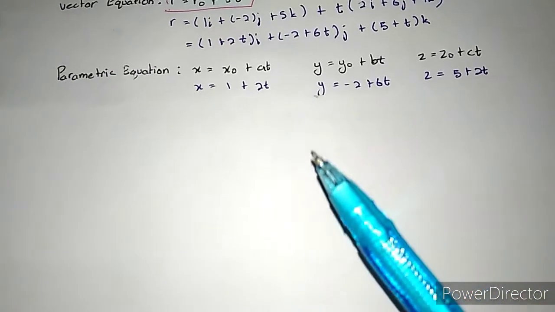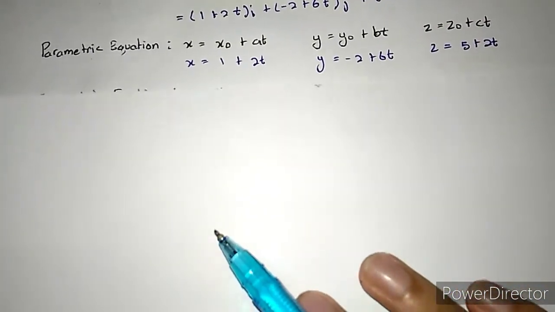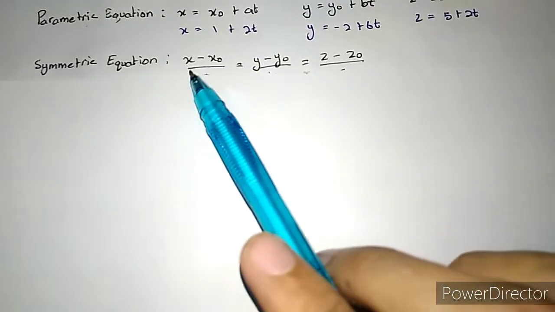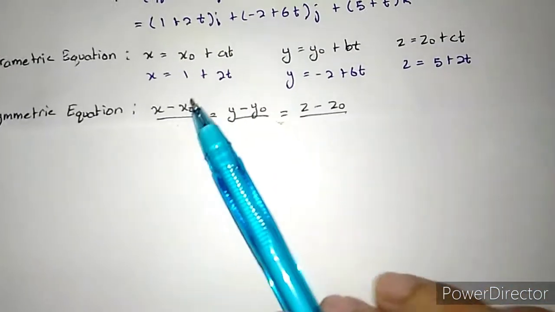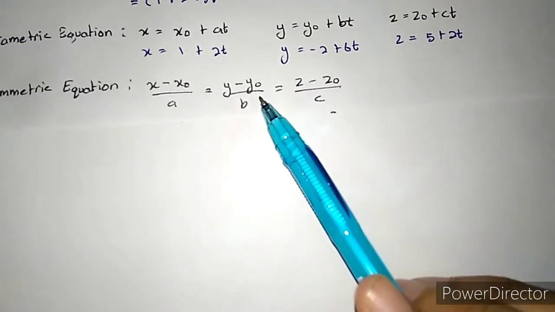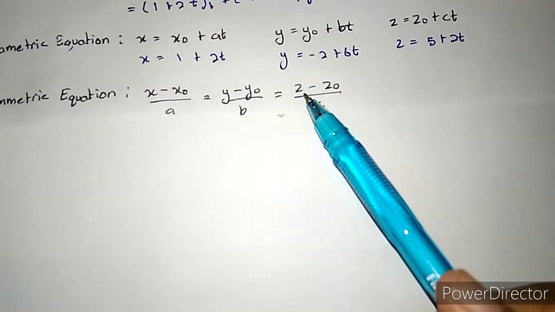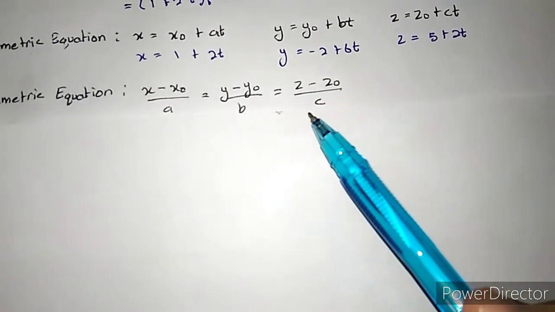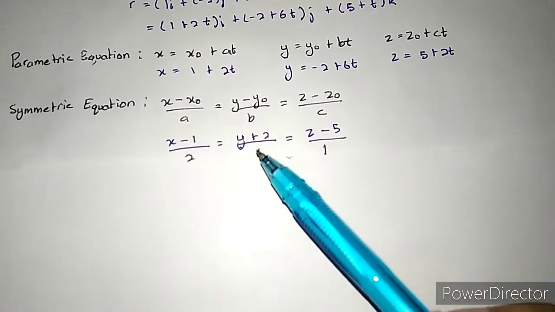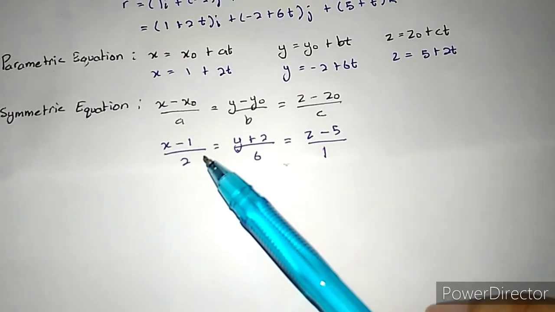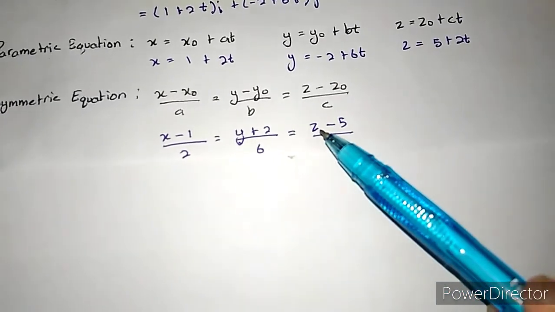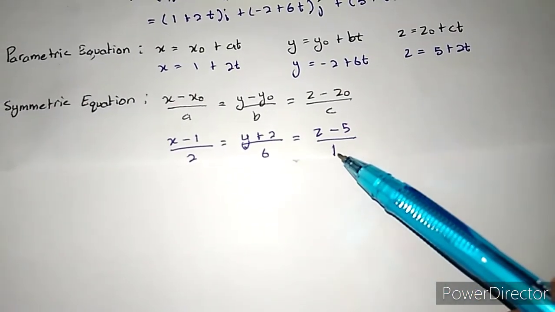Next we're going to find the symmetric equations using this formula: x minus x0 divided by a equals y minus y0 divided by b equals z minus z0 divided by c. Then we put the values into this formula and we get x minus 1 divided by 2 equals y plus 2 divided by 6 equals z minus 5 divided by 1.